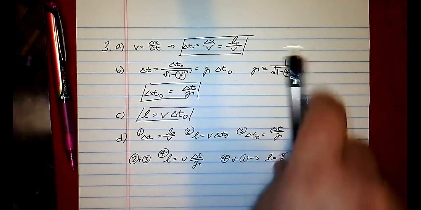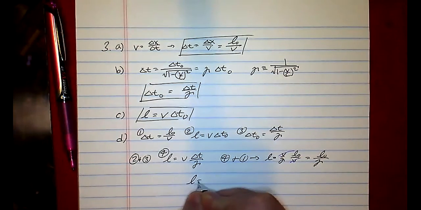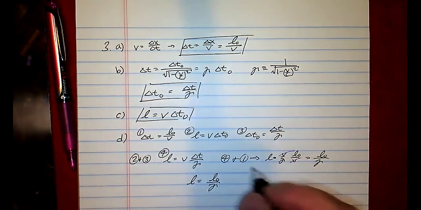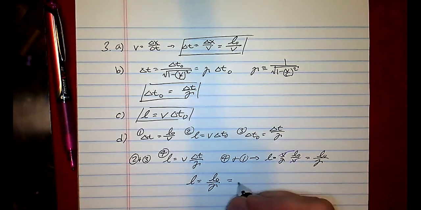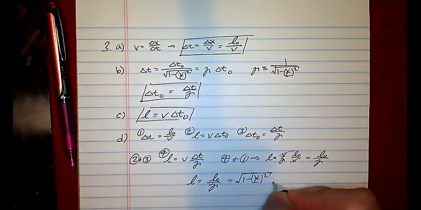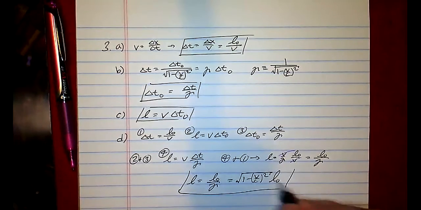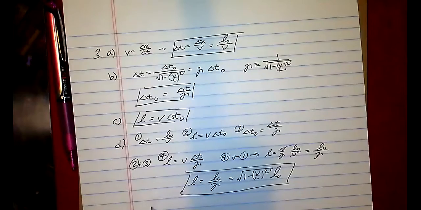So the length contraction formula is in fact L is equal to L0 over gamma, which you can also write as the square root of 1 minus V over C squared times L0. And that's the formula for length contraction.